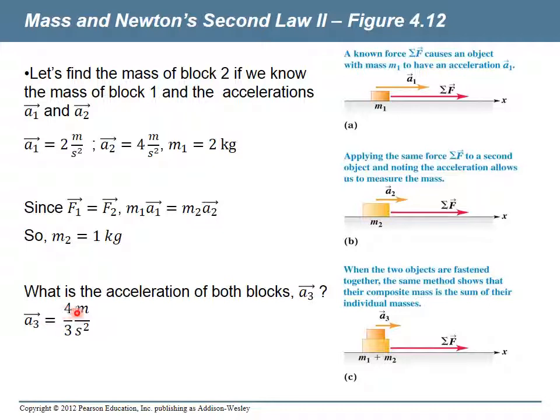So 4 newtons divided by 3 kilograms will leave us with 4/3 meters per second squared. You can write out a newton as kilogram meter per second squared, and you'll see that the kilograms will cancel out, and we'll just be left with meters per second squared. And we can do some more of these in class, obviously.